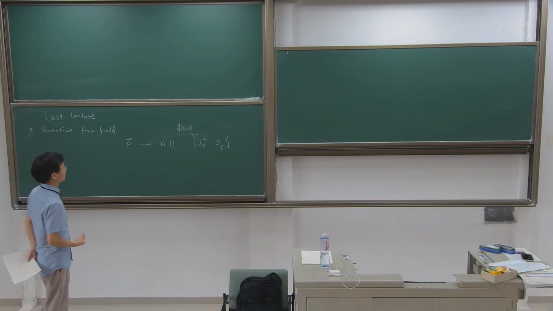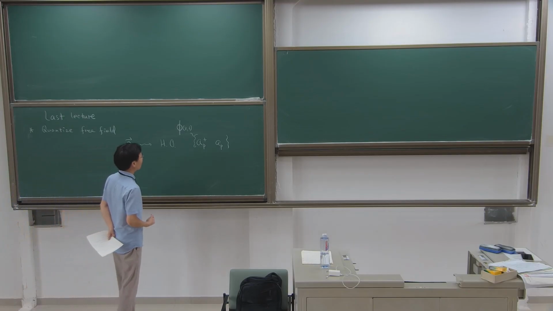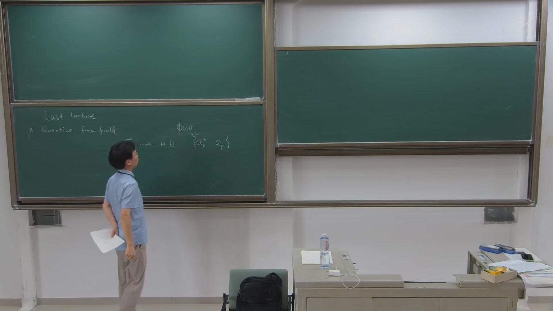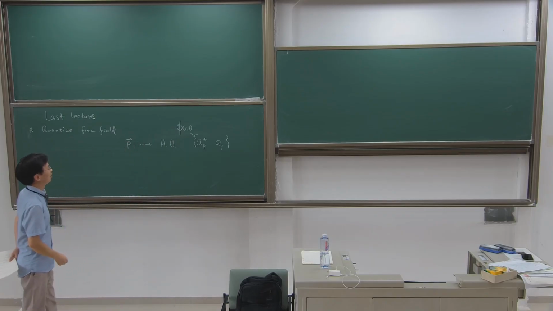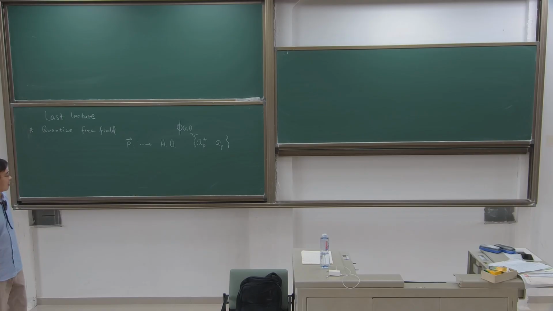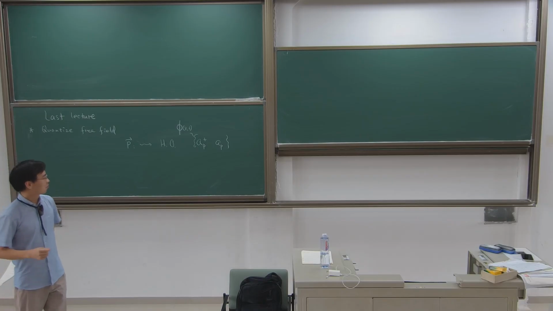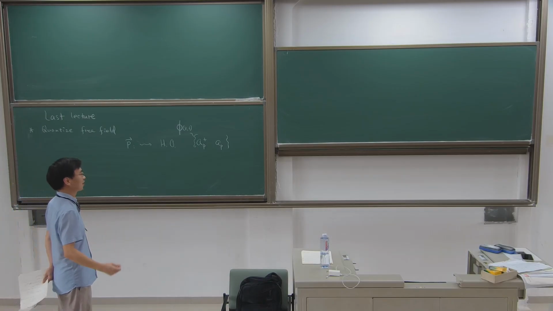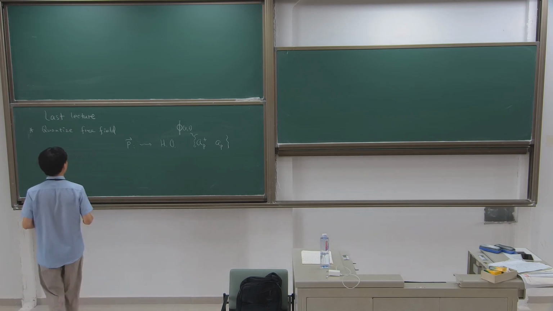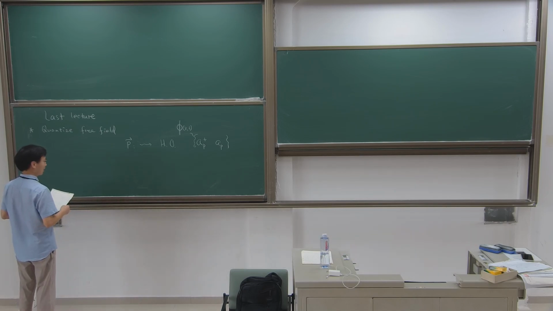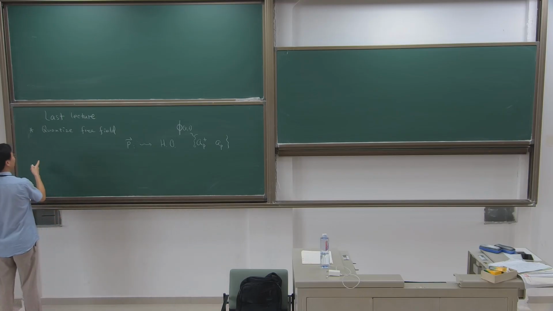The message is: whenever you can express your operator in terms of phi, you can decompose it in terms of a and a dagger. We use the commutation relation between a and a dagger to work out everything, including the correlation functions. That's the main content of last week.